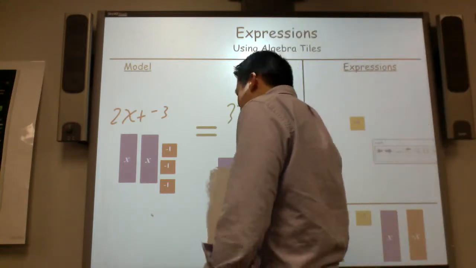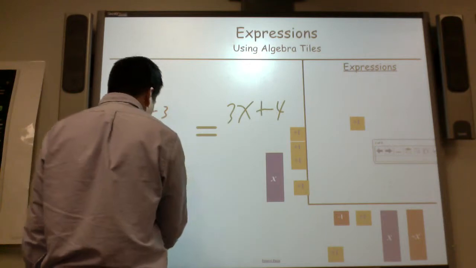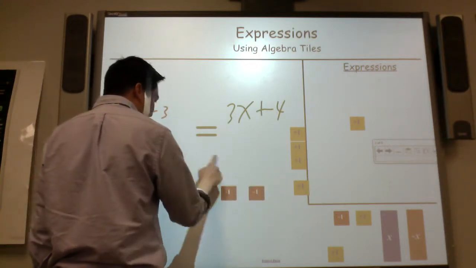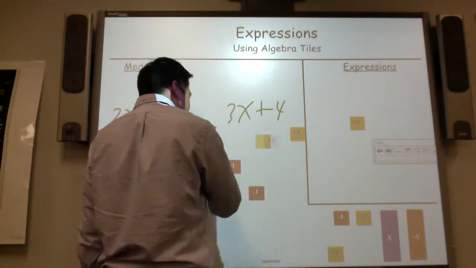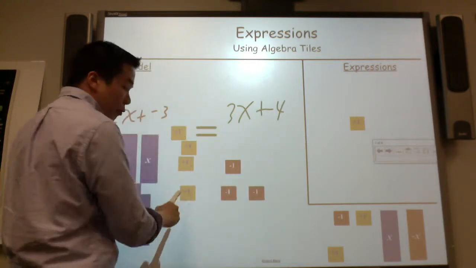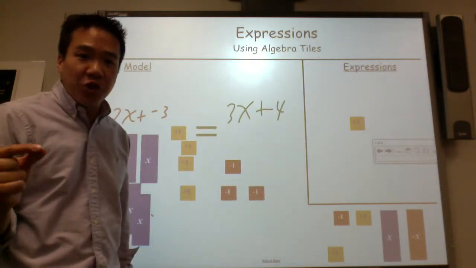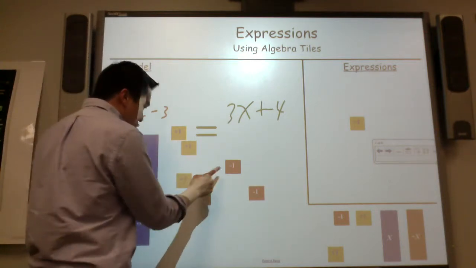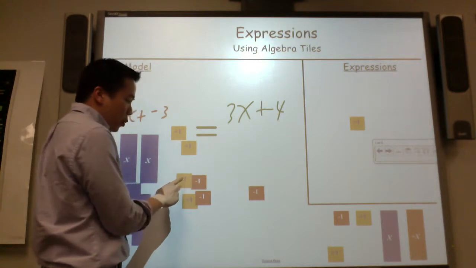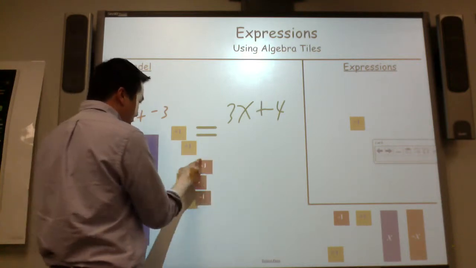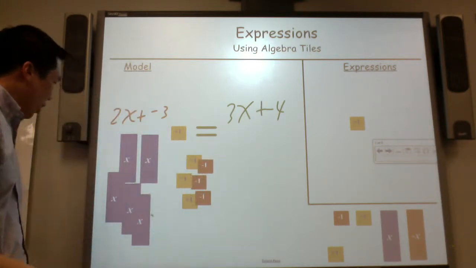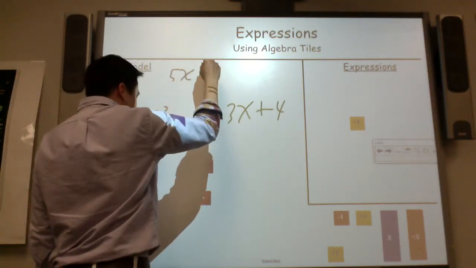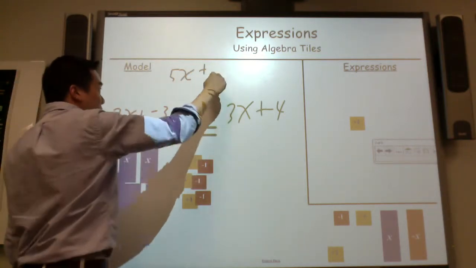If I sorted these out, I put all the x's together and all the units together. Well, remember we learned the inverse property. These will cancel out, because what's the reverse of positive 1? Negative 1. So from what I can tell, we have 5 x's plus 1 remaining.